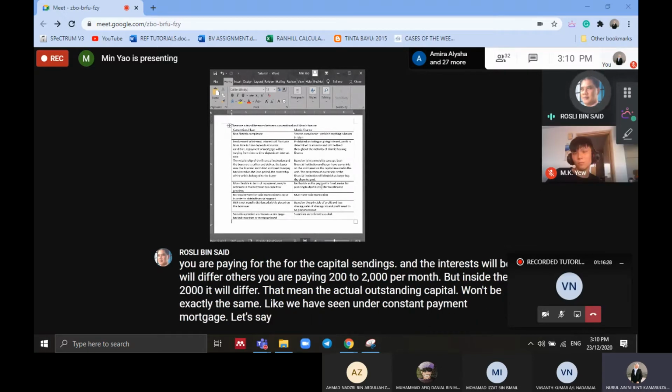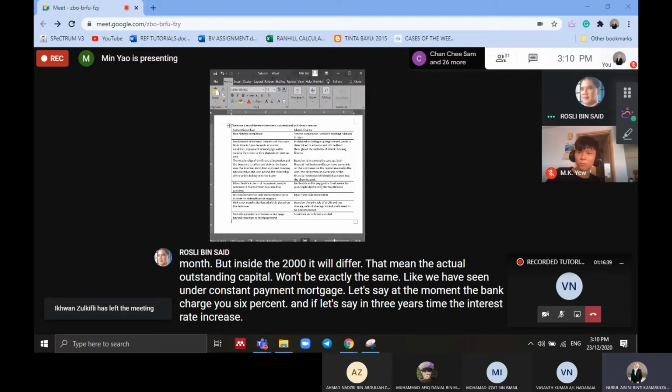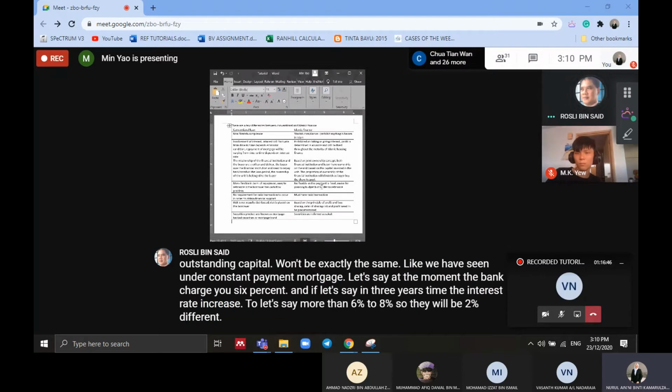Let's say at the moment, the bank charges you 6%. And if, let's say in 3 years' time, the interest rate increases from 6% to 8%, so there will be a 2% difference. But you still pay 2,000 ringgit per month.